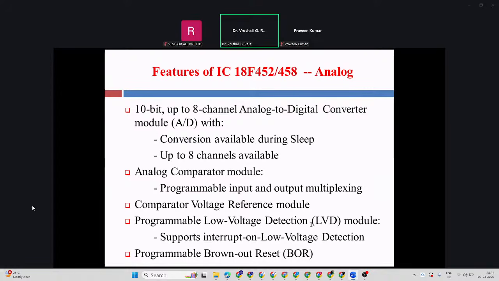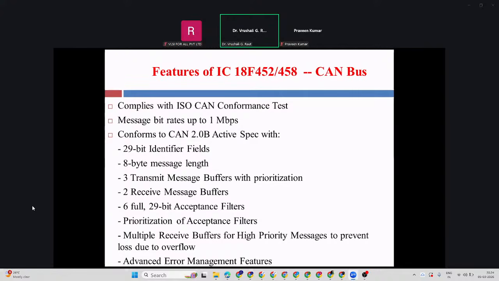We can set the voltage. Programmable brown out reset: if a brownout is happening, you can think of resetting. So again, you can program it and reset your circuit, which is called brown out reset. Okay, so these are all the analog things which are dealt with in this 18F microcontroller.